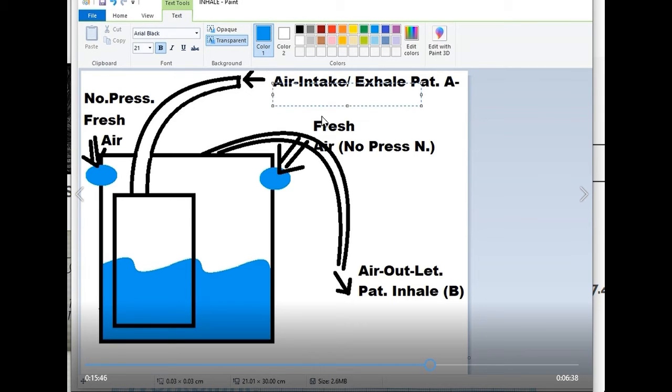Now, step 2 is the air outlet. It turns now, of course, as you breathe in and out, and this changes here. The air outlet of step 1 of patient A becomes step 2 of patient A. That is that he inhales, or there's a valve somehow, so this air can escape.